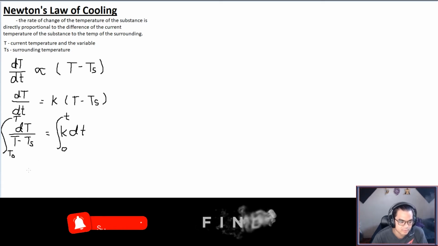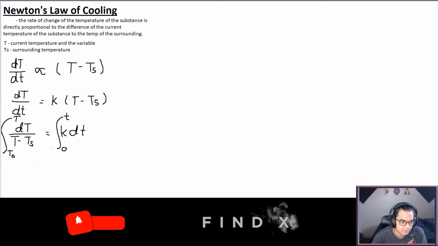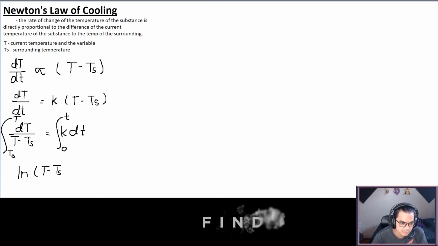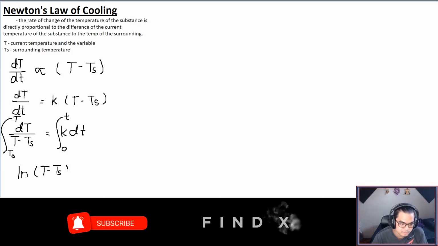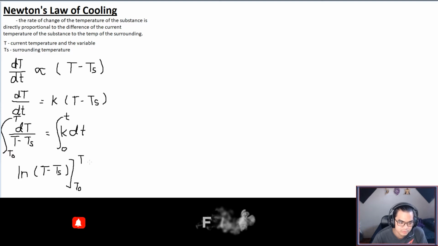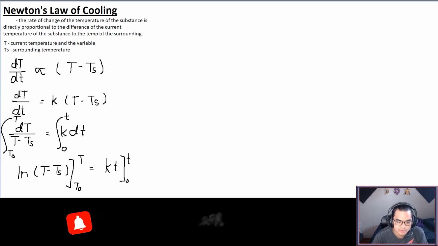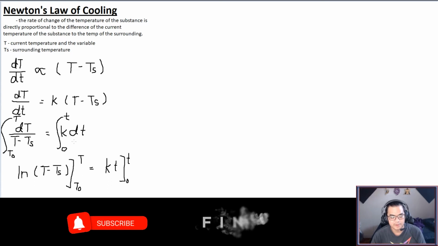Okay? And then performing the integral dT over T minus Ts, we will have here ln T minus Ts, with limits T0 to T, and this will be equal to kt, with limits from 0 to t.